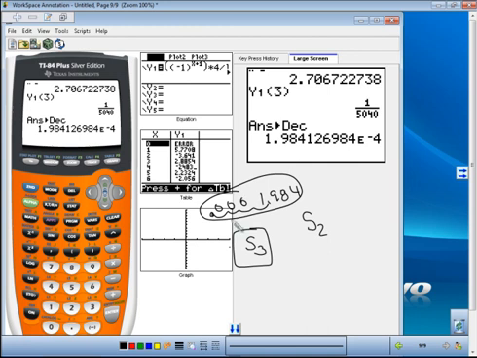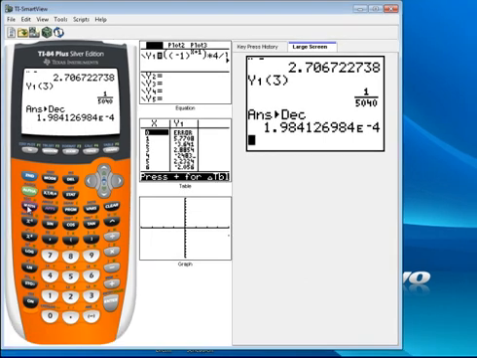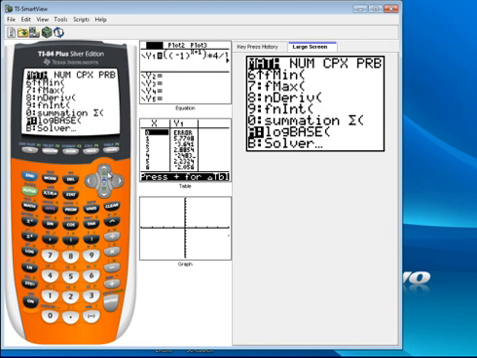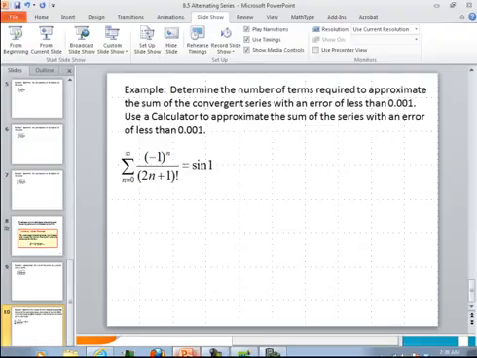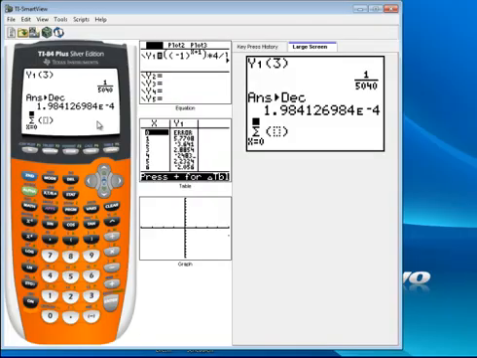And then my error is going to be 0.001984. Okay, so there's my summation of y1, first 2 terms.